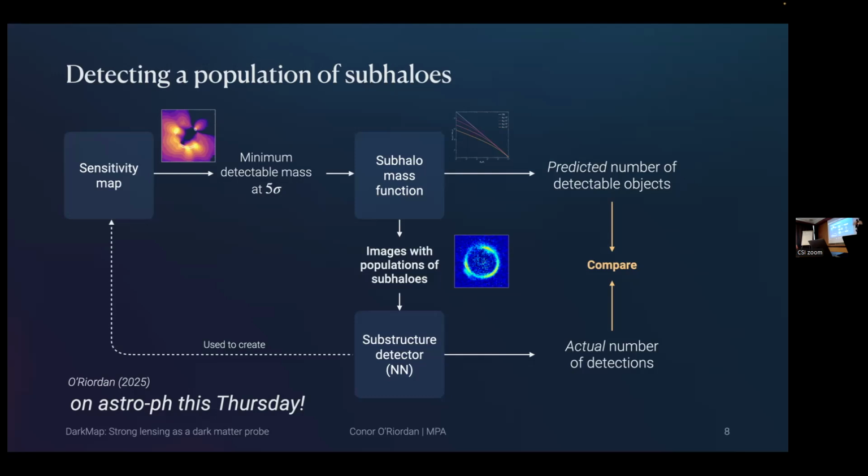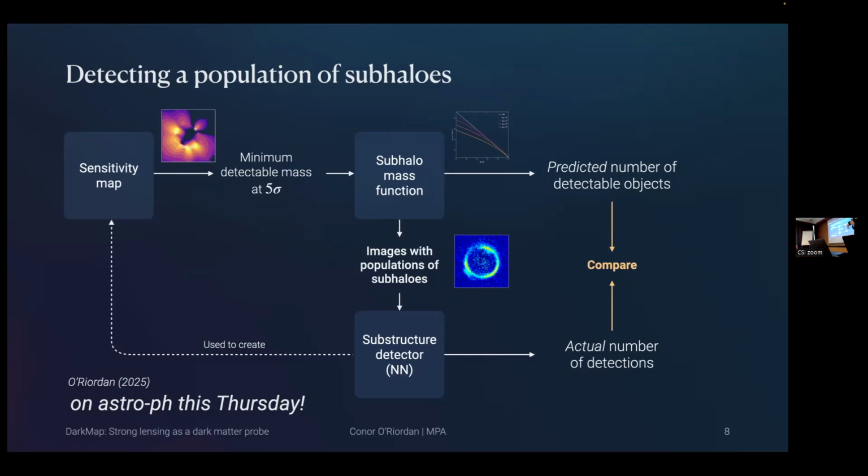So the question is, even though none of these could be detected alone, can they be detected because of their huge numbers? And this mass range in which this population of undetectable objects lives is the most interesting. So this sort of 10 to the 6, 10 to the 8, 10 to the 9 solar masses.